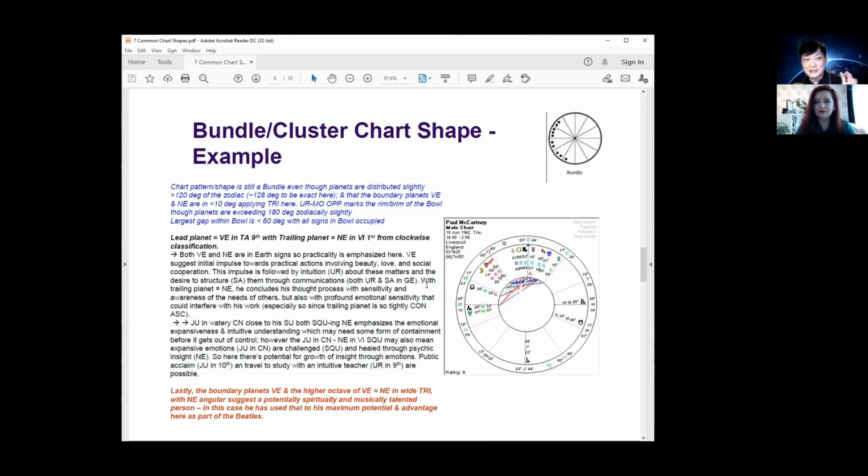His chart is a bit of a deviation, because from the first planet to the last planet, the boundary planets, they are 128 degrees apart to be exact. We defined earlier that it needs to be around 120 degrees as one of the conditions, but I still consider his chart a bundle and cluster.